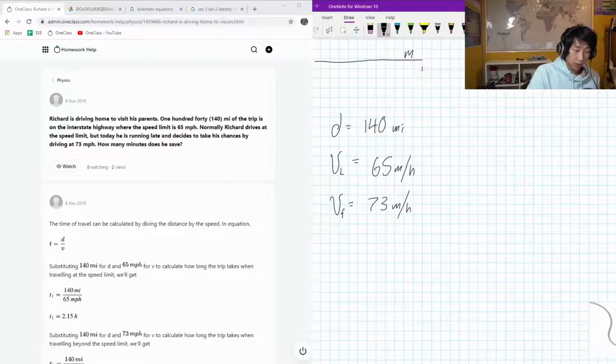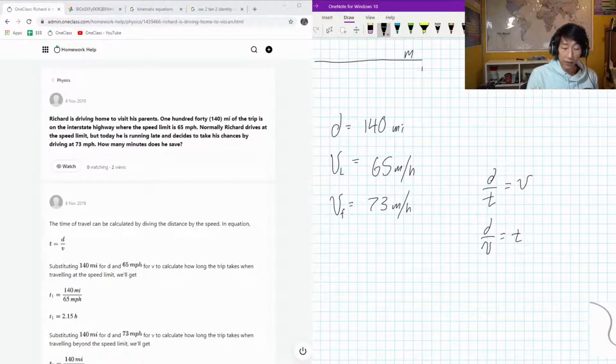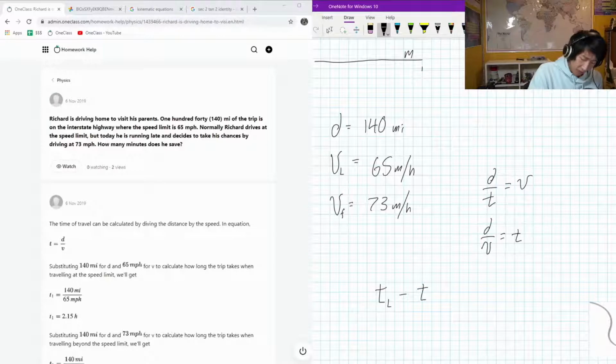Okay, so what we know here is that distance over time is equal to velocity, right? And we're trying to find time, so it's just going to be distance over velocity is equal to time. We're looking for the time difference between our fast and our slow, right? But they're going to have the same distance overall. So to set up that difference in time, we can do the time of our limit minus the time of us going fast is going to be the time saved.